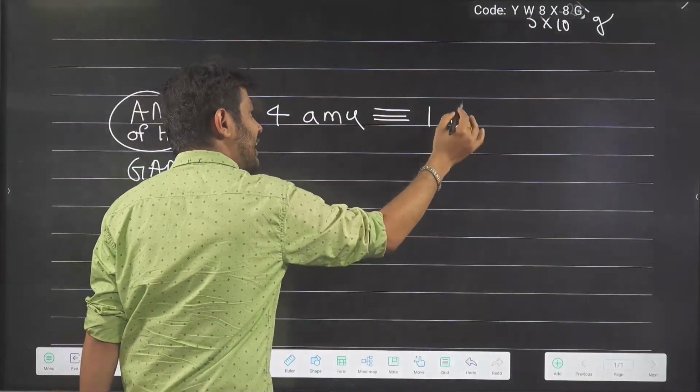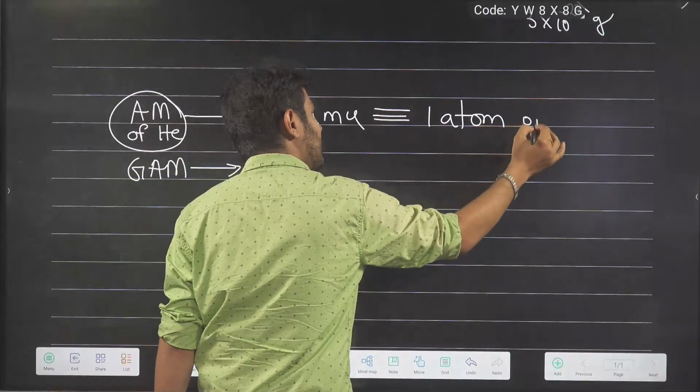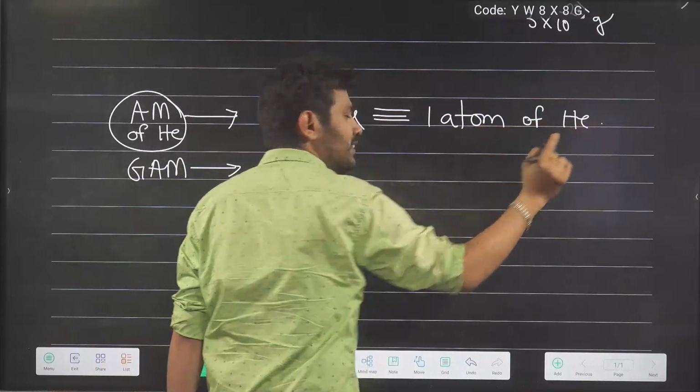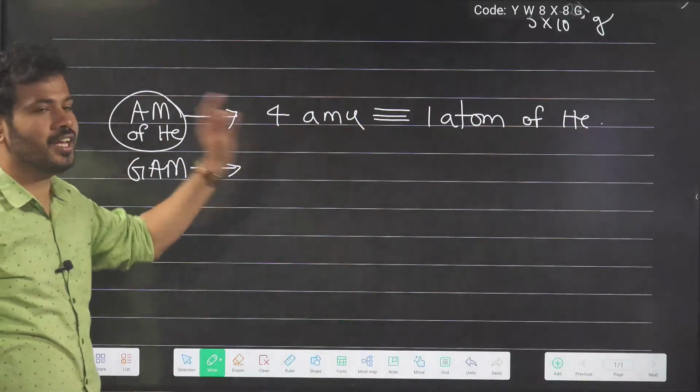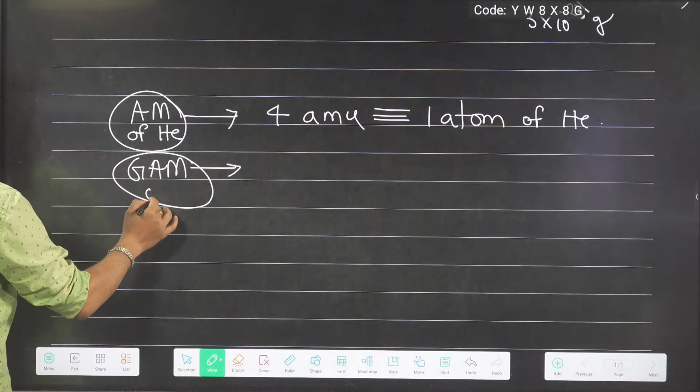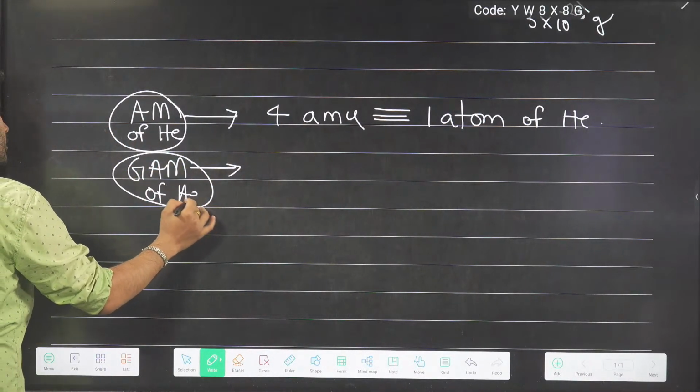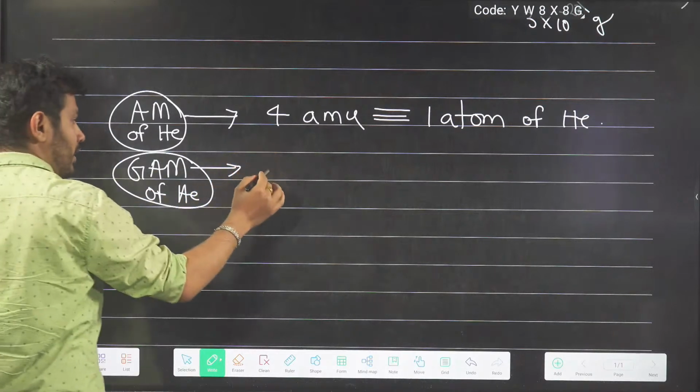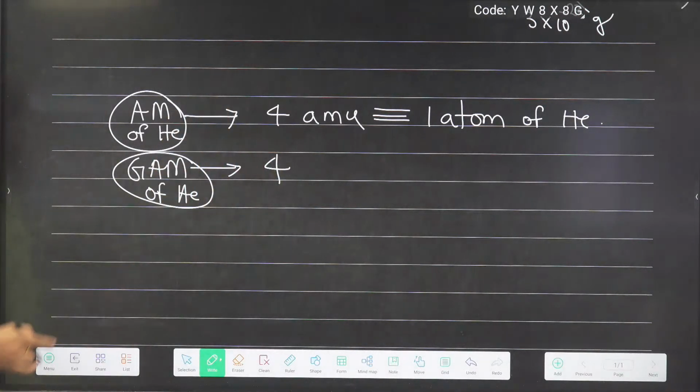It is 1 atom of helium. One single atom of helium, if you take, it is 4 AMU. Whereas the gram atomic mass of helium is not 4 AMU. The answer is 4 only. Here also 4.